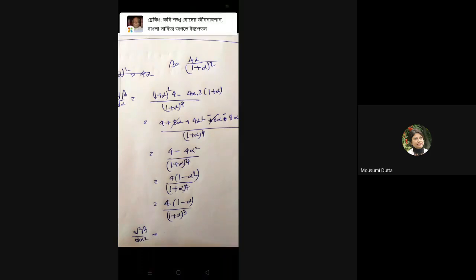Yes, ma'am. 1 plus alpha whole square into 4 minus. Okay. So there was a mistake, the second term came first and the first term came second. That was the problem in the earlier calculation. Okay. So I think this is the right one.